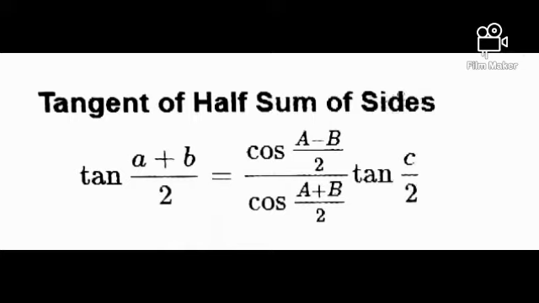If you are considering sides a and c, the third side will be b, tangent of small b over 2.